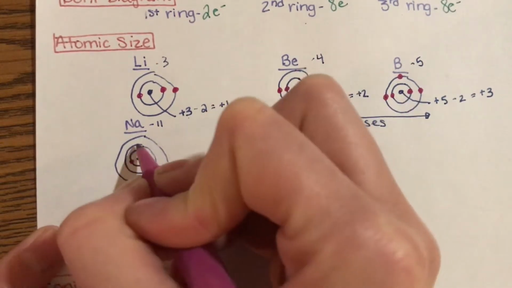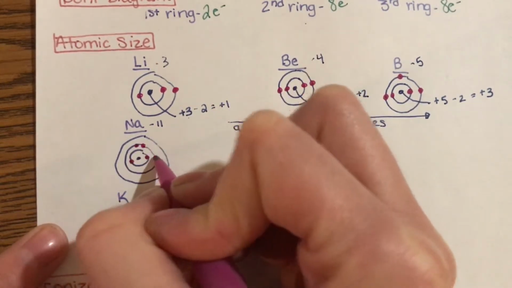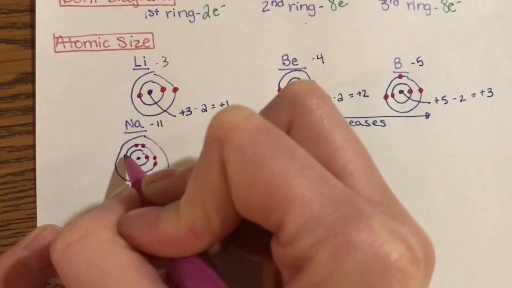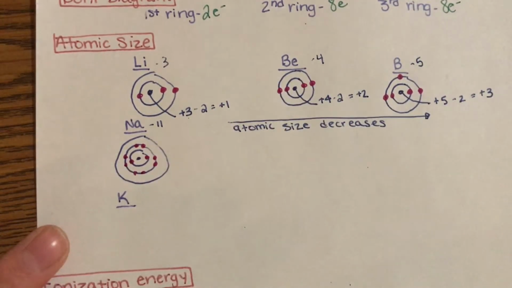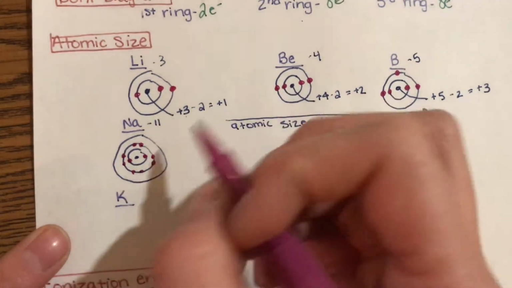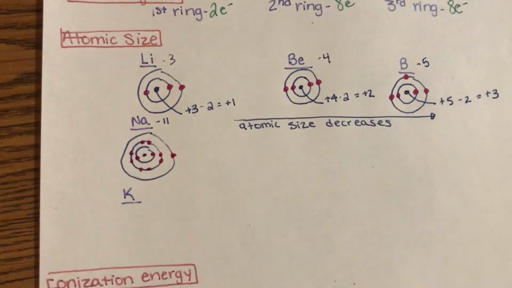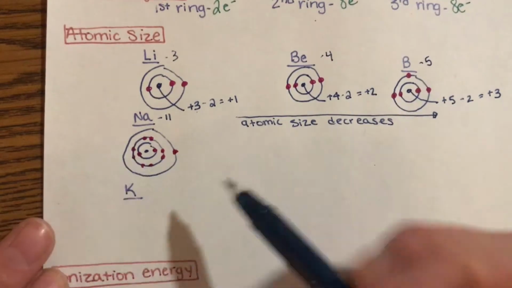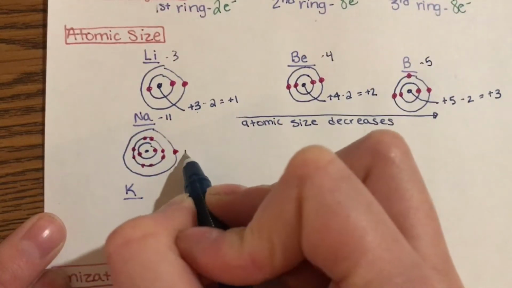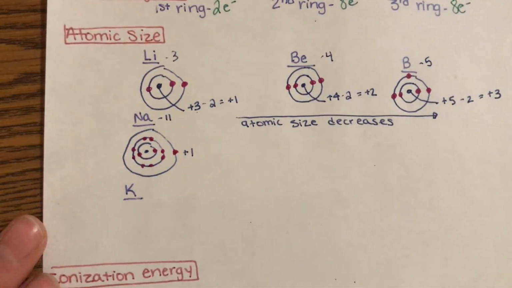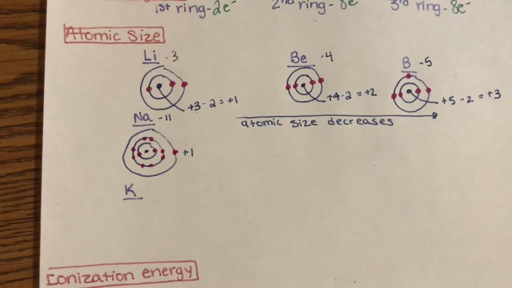Second ring can hold 8, so I'm going to put 8 in there. And now if we count right now, I'm up to 10. So I have to put 1 more electron in the third ring. We can look, the outer electron, there's only 1 of them, so from the nucleus, this outer ring feels a +1 charge, which is the same as lithium, which makes sense because they're in the same group.